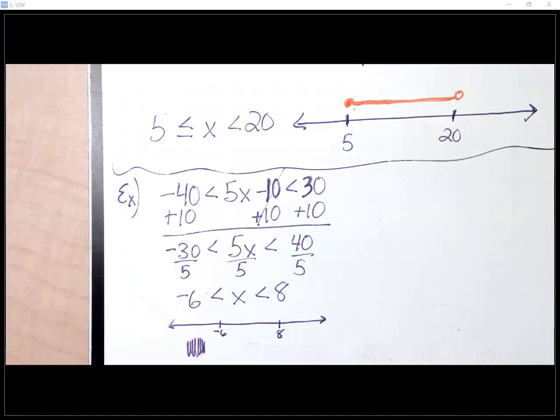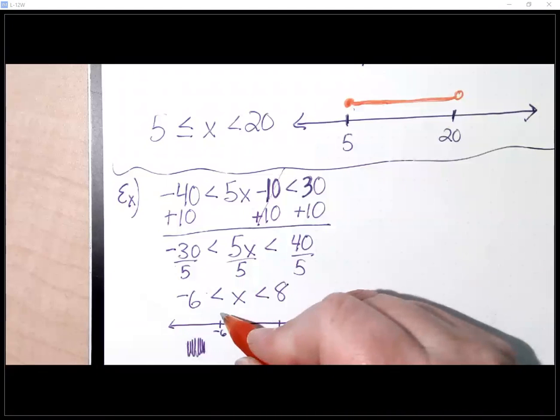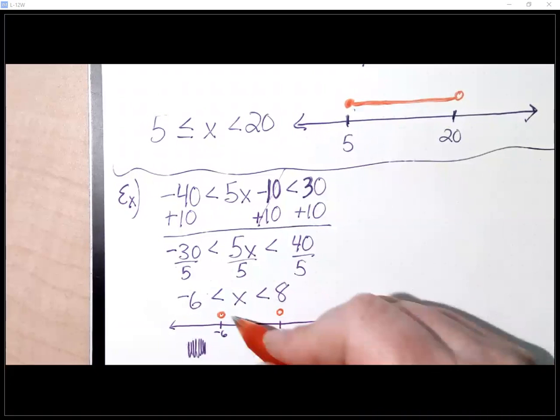Then I want to do one more example and then pause there. Okay, what kind of a dot at -6? Yes. Also open at 8, right? And then all I have to do is shade in between them.